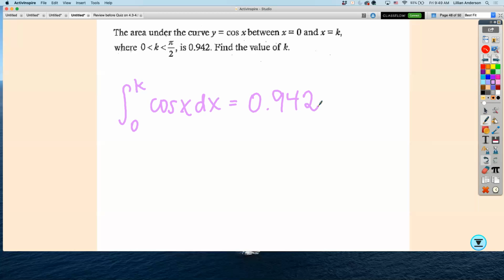You say the normal thing to find the area. So you say the integral of cosine x, evaluated from technically 0 to k, but I know what you mean.